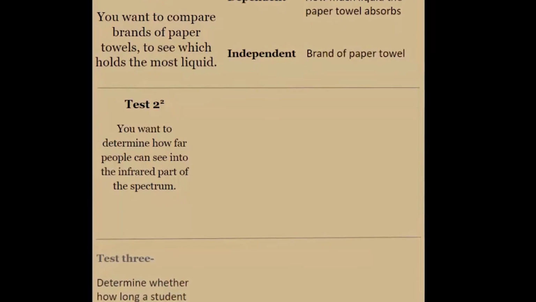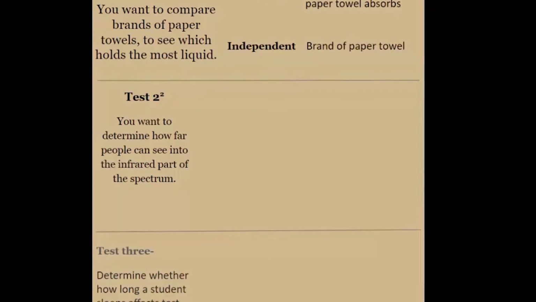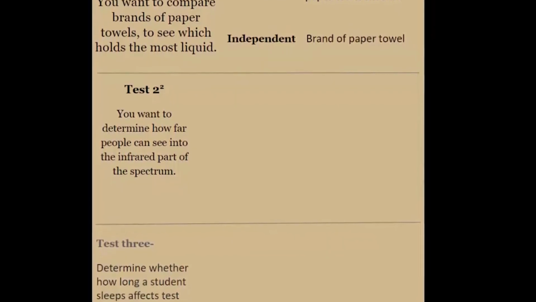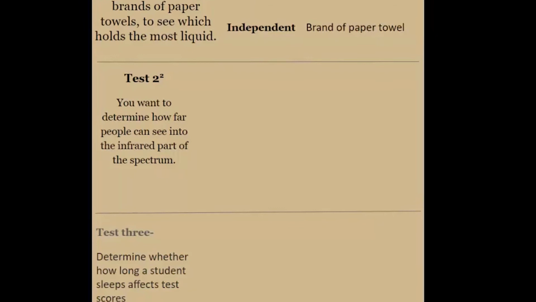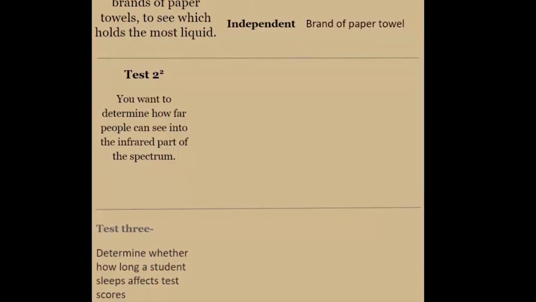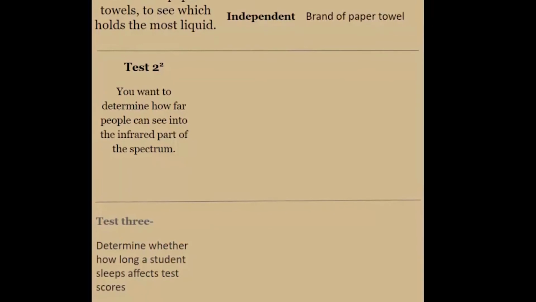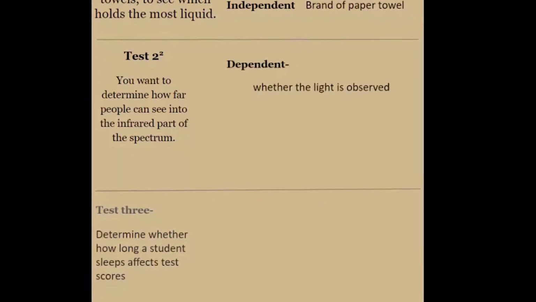Okay, so test two: you want to determine how far people can see into the infrared part of the spectrum. What's a great thing is using things in your classroom that you want kids to know about, then they can start to test and figure out as well. This is definitely something you'd want to do at the middle school level. When you're looking at that, the dependent variable is whether the light is observed in the infrared part of the spectrum.